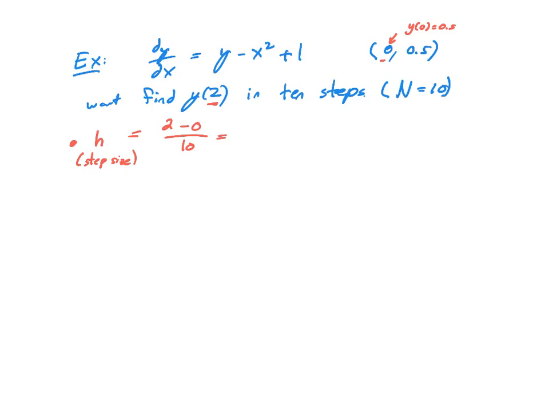So that's going to give us 2 over 10, which is 1/5, which is 0.2. You can use a calculator for that. That's fine.